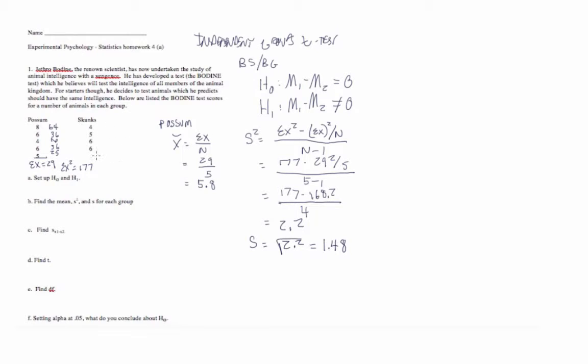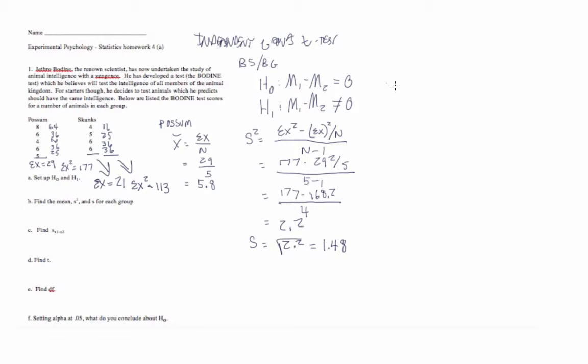Let's do the skunks next. We'll move it down over here. The sum of the raw scores, just by adding that up, is going to be equal to 21. And then we square each of these, 16, 25, 36 and 36. So the sum of the raw scores squared is going to be equal to 113.